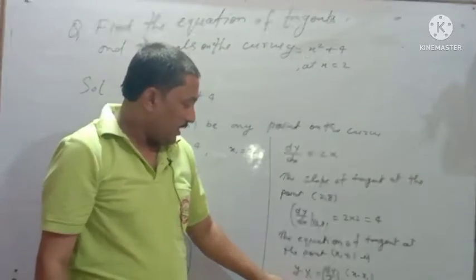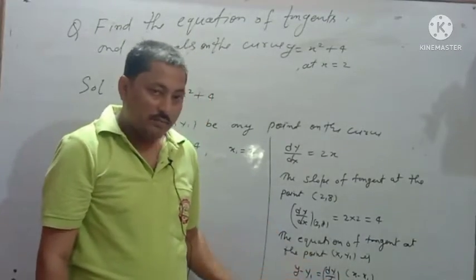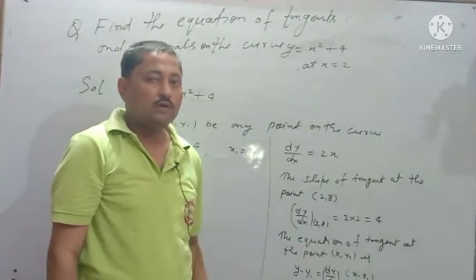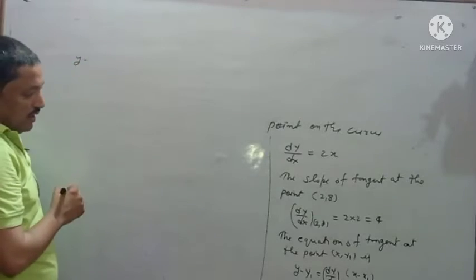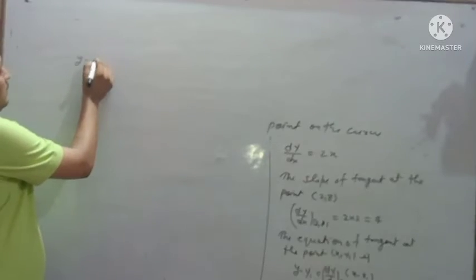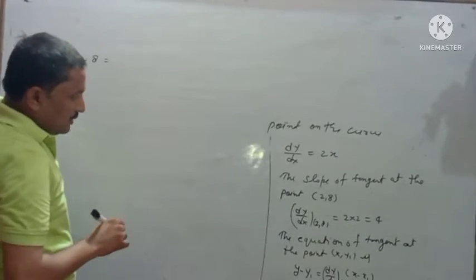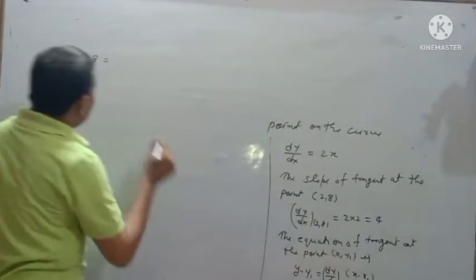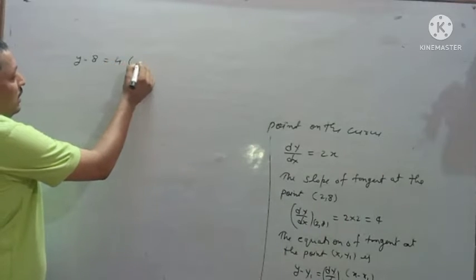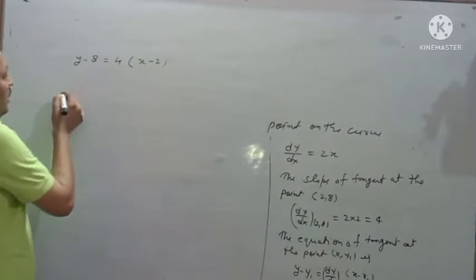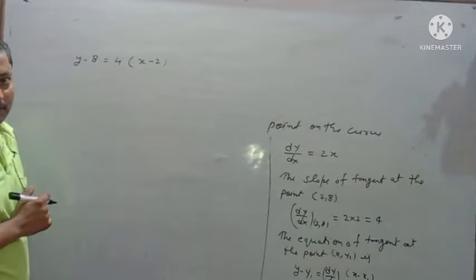Put the values of x1, y1 and dy by dx in this equation. We find that y minus y1 is 8, dy by dx at the point is 4, and x minus x1 is 2. After solving, we get the equation of the tangent.